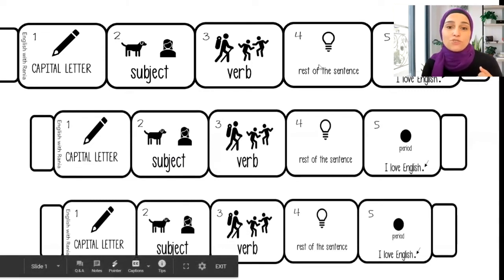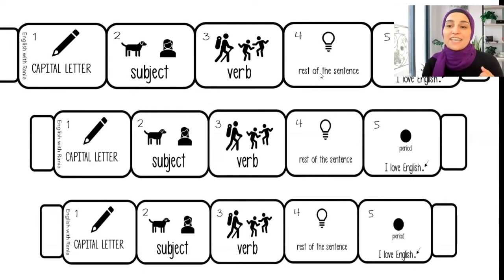And you can also use this size in order for them to cut this and paste it on their writing notebooks, so they can always go back to it whenever they have to write. You can also cut this and display it on the board or project it for your students to go back to whenever they need. And hopefully by the end of learning how to form a correct sentence, they will be able to be independent in writing.